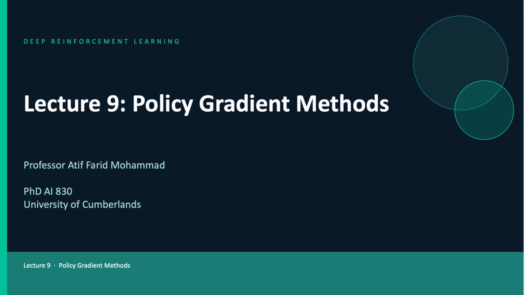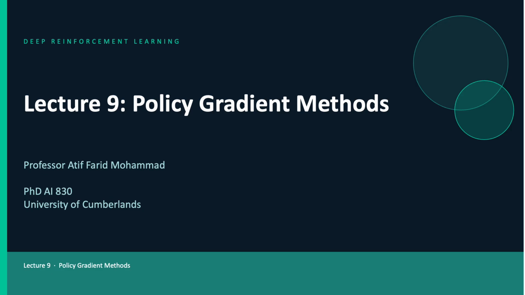For the past two lectures, we have been in the world of value-based methods, DQN, and its extensions. The core idea there was to learn a Q function and derive a policy from it indirectly by taking the argmax. Today we take a fundamentally different approach.